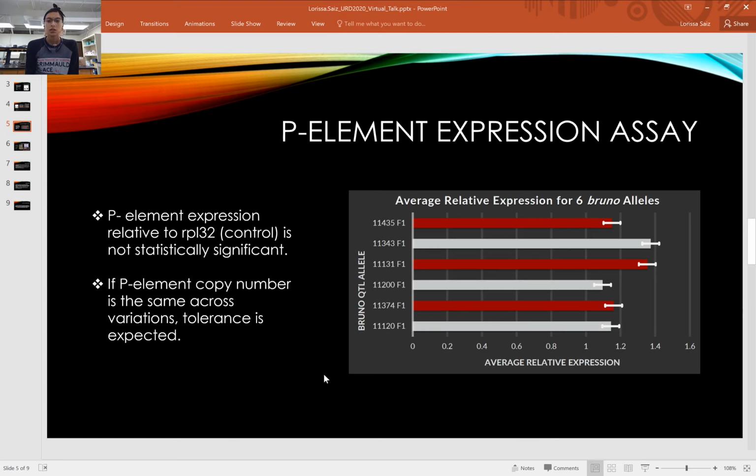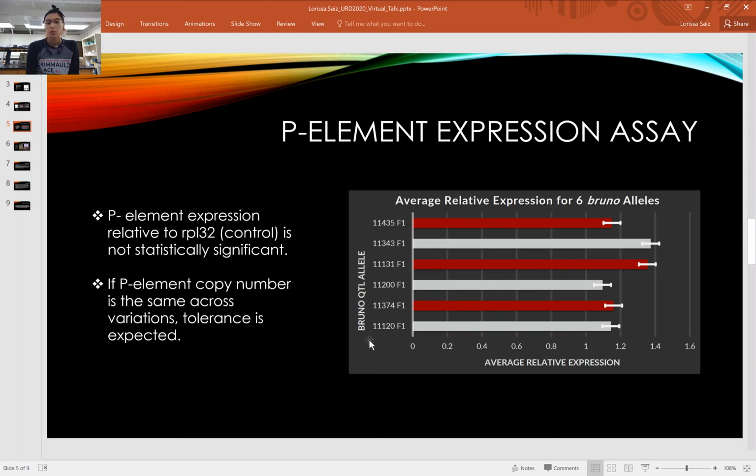We also did an expression assay in which we compared P element expression relative to the RPL32 control. The difference in expression was not statistically significant, again, across the board. You can see the tolerant strains are in red and the sensitive strains are in gray.